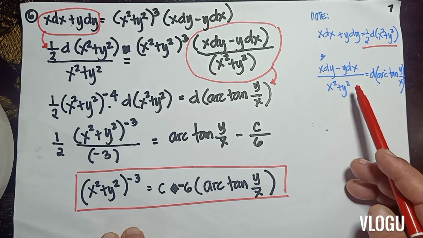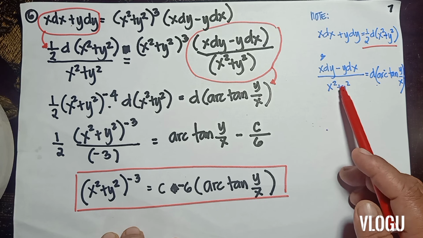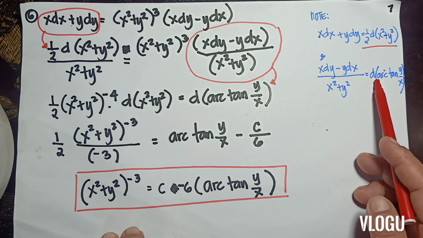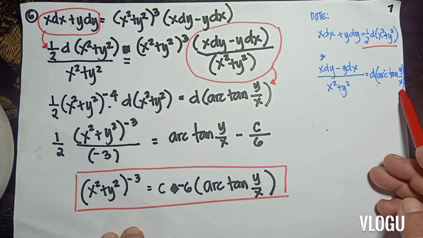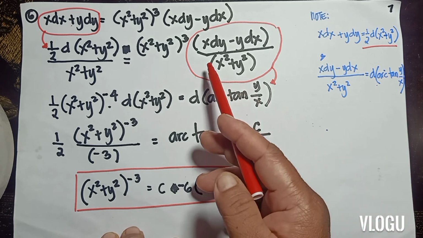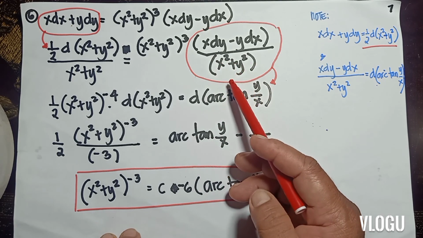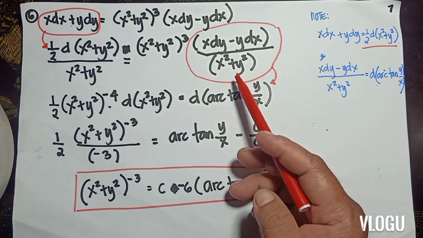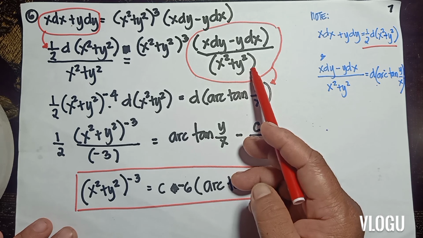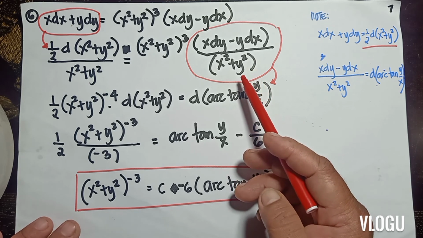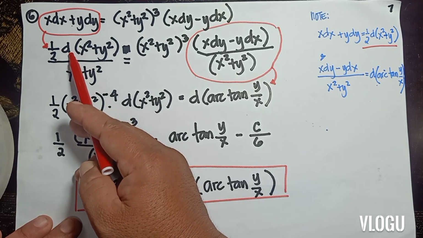So in our given forms, if you will have a denominator of x squared plus y squared, that is equivalent to derivative of arctangent y over x. So we divide this one with x squared plus y squared, because we decided that this is a form with x squared plus y squared as your denominator. Okay. Your hint here, look at your du.